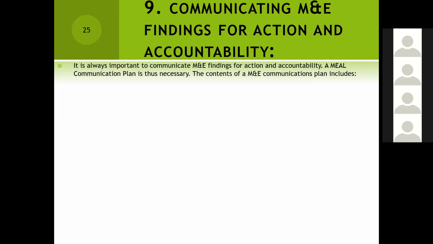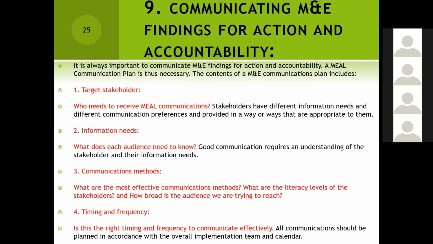So the 4 critical components that we need when we are having an M&E or MEAL communication plan. One of the things is to make sure that we identify who are the target stakeholders who will be able to receive our MEAL communication. So it's very, very important to consider that.